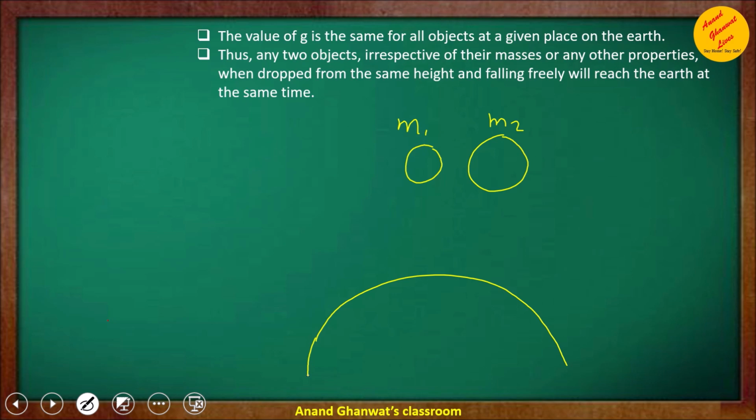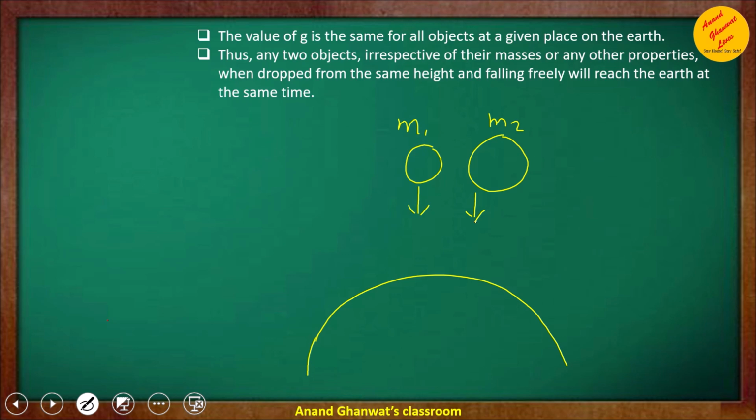So any two objects, irrespective of their masses and any other properties, when we drop them on the surface of the earth from the same height and they fall freely, they reach the earth at the same time. Falling freely means what?